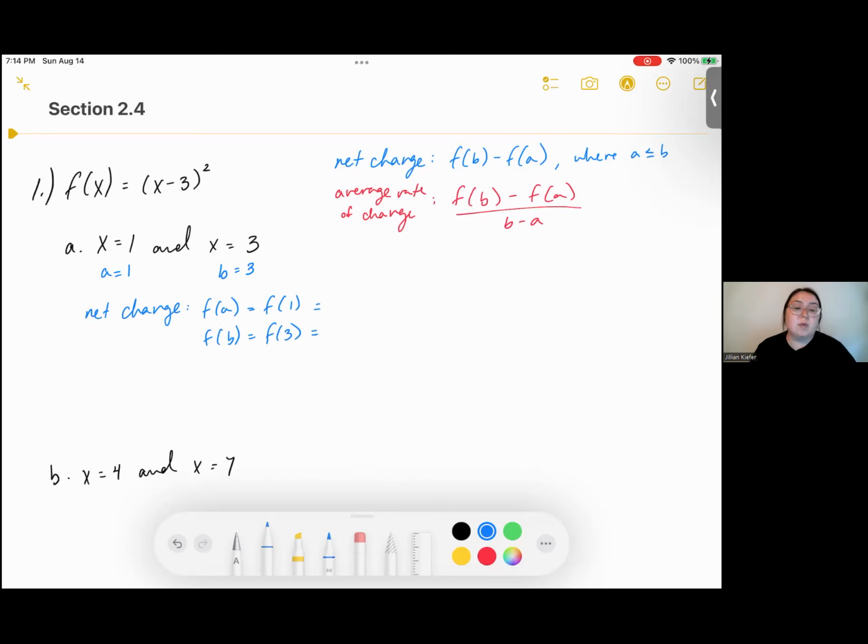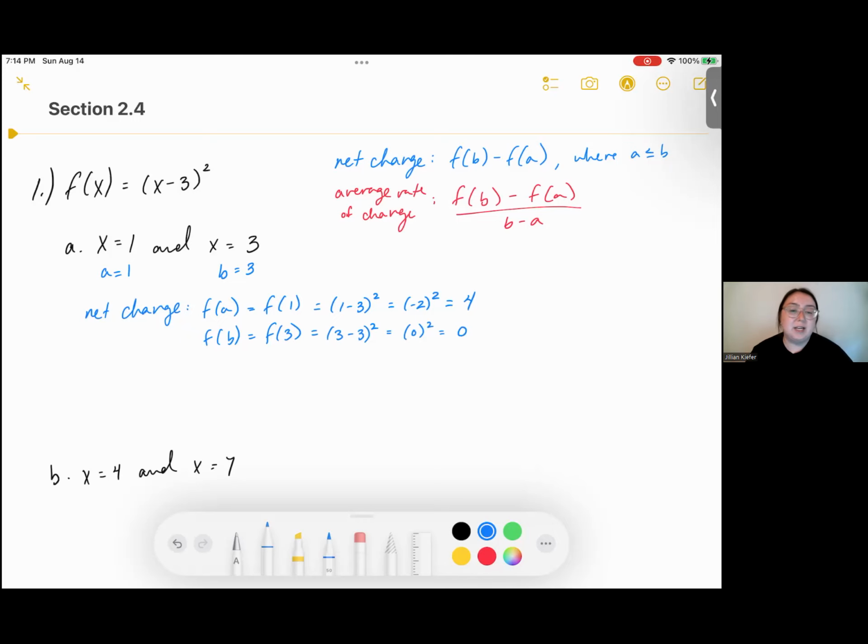For f of 1, we're replacing x with 1 in our original function, (x minus 3) squared, so now we have (1 minus 3) squared. 1 minus 3 is negative 2, and negative 2 squared is 4. Now we can do the same thing for f of 3. We replace x with 3, so we get (3 minus 3) squared. 3 minus 3 is 0, and 0 squared is 0.